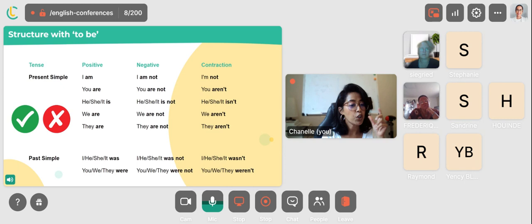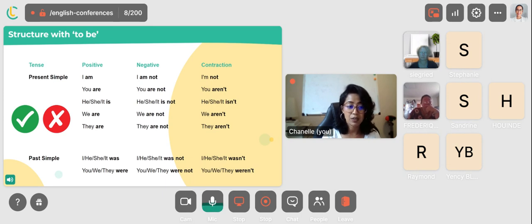We also have a contraction. The contraction makes the word or the phrase smaller. And for I am not, it becomes I'm not. So we take away the A and we add an apostrophe.